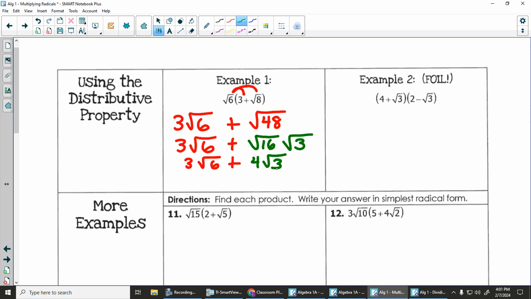Now, in the second example, right next to that, we have double distribution, or sometimes people refer to it as FOIL. Earlier in the year we had been calling this double distribution.